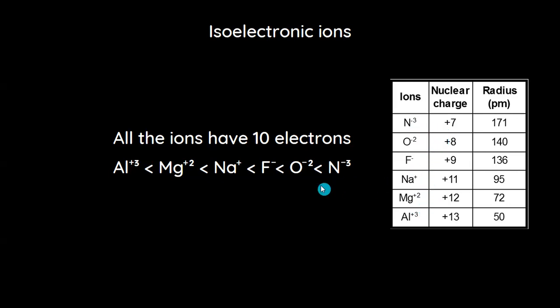All these elements have a difference in nuclear charge. But when they form ions, all of them have the same number of electrons in that particular ion. So they have 10 electrons.